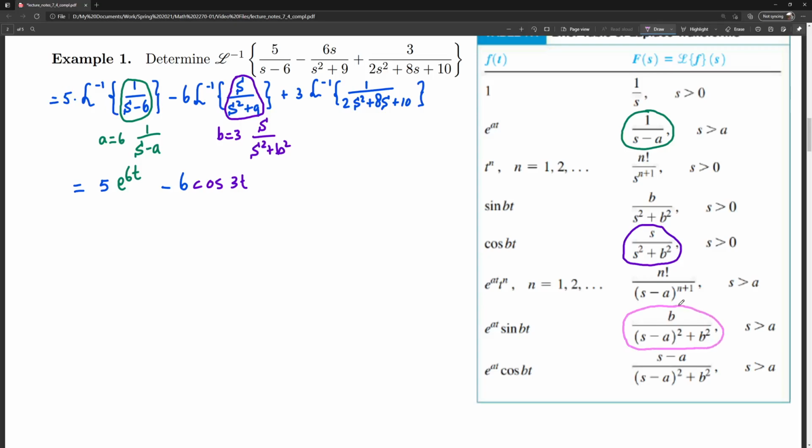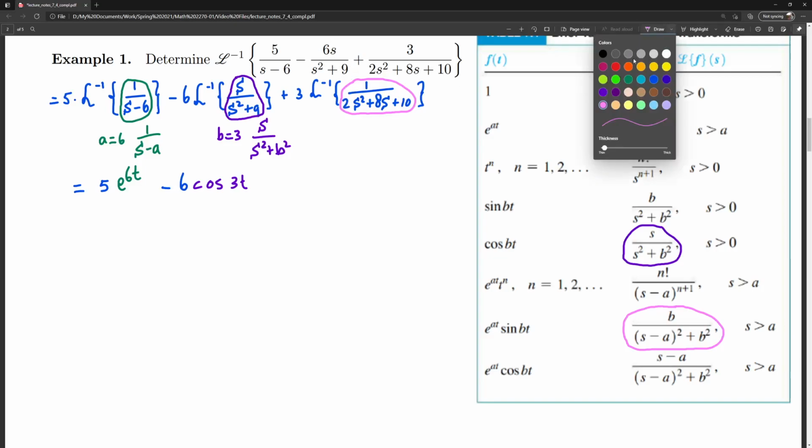So we want to compare this right here. Now, in order to do that, we have to complete the square in order to compare that with this expression here. So the easiest way to complete the square here is to first factor out a 2.